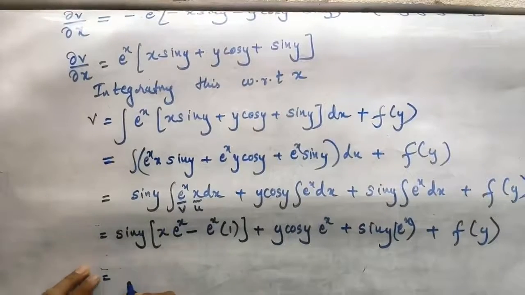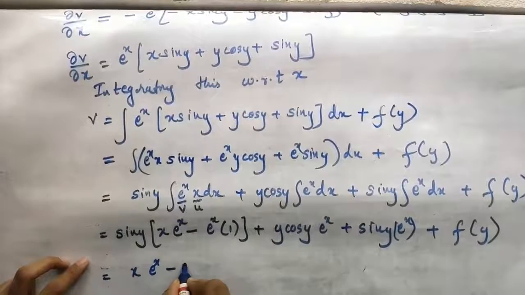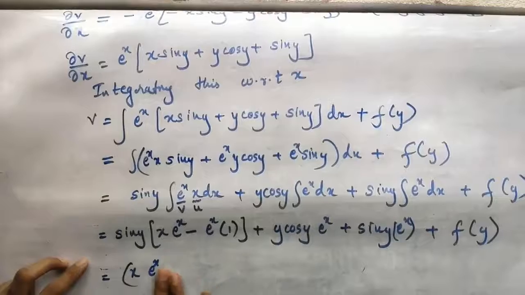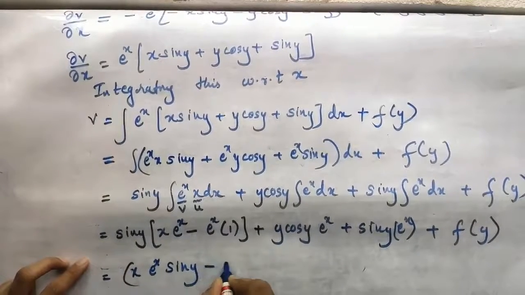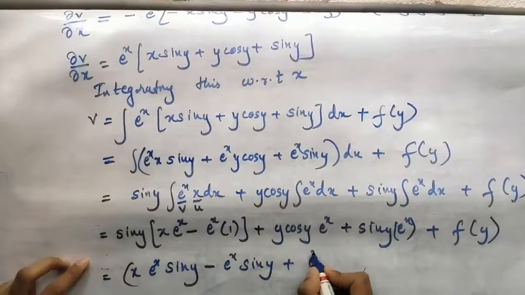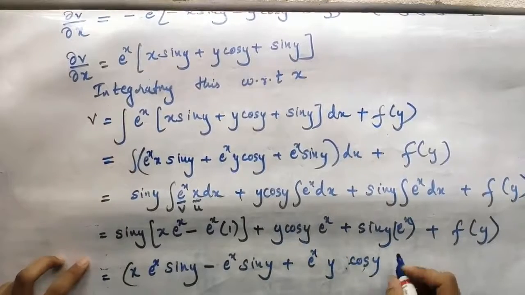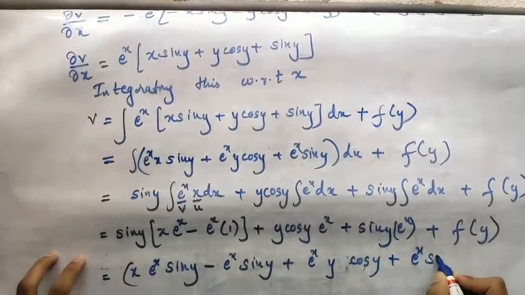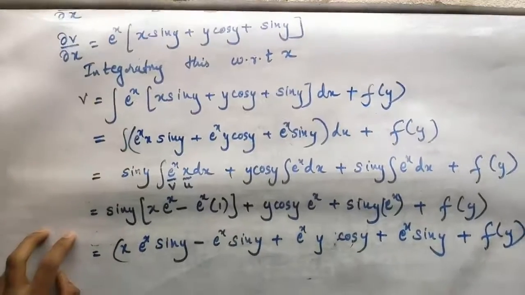Now let me further simplify this. You are getting e to power x into e to power x minus e to power x into sin y. So let me separate and write it. x into e to power x sin y minus e to power x sin y plus e to power x y cos y plus e to power x sin y plus an arbitrary function of y.